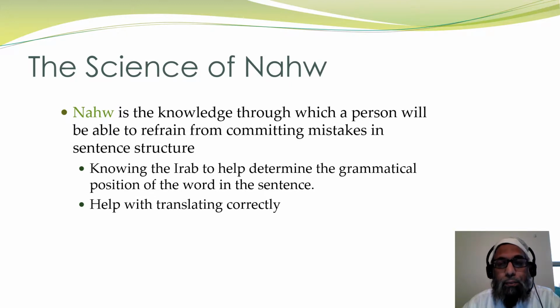So, for example, where Allah says, "Anna Allah bari'um min al-mushrikeen wa rasuluh," this actually led to the formation of facilitating the learning of the Arabic language. So, "Anna Allah bari'um min al-mushrikeen wa rasuluh."